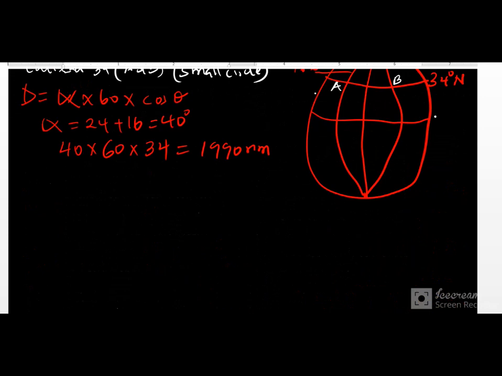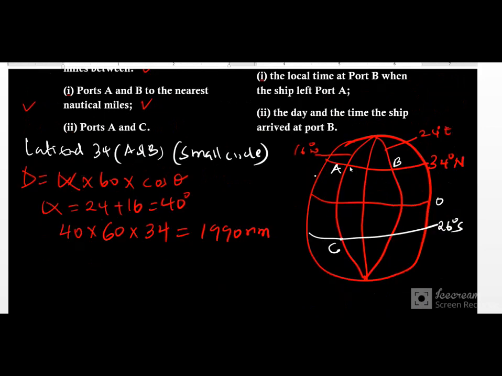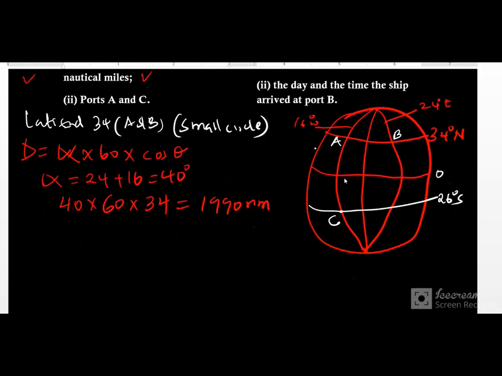So 26 south, this is 0, then C is somewhere here. This is 26 degrees south, so C is here. Looking at A and C, they are on the great circle. So the center for this one is here, so the angle difference is here. A and B are on the small circle, their center is here.